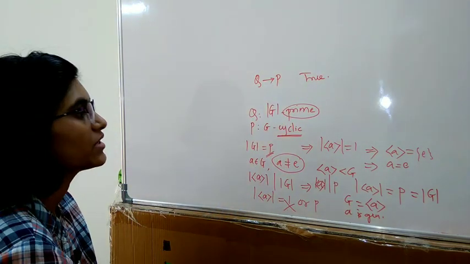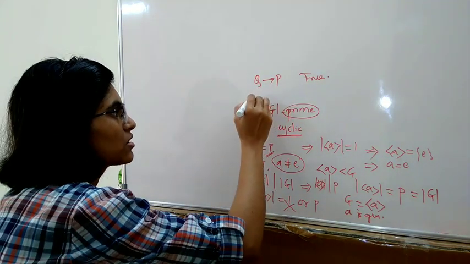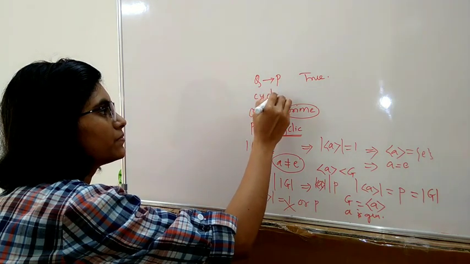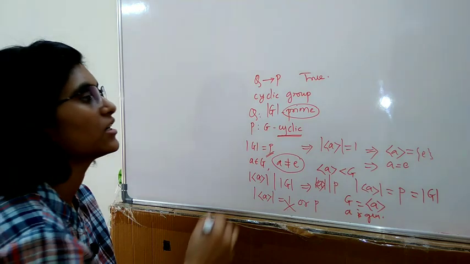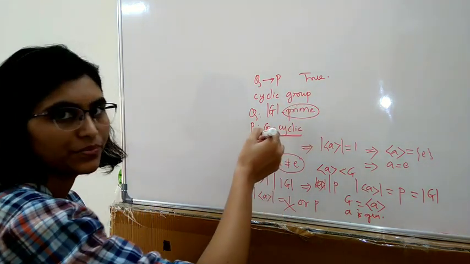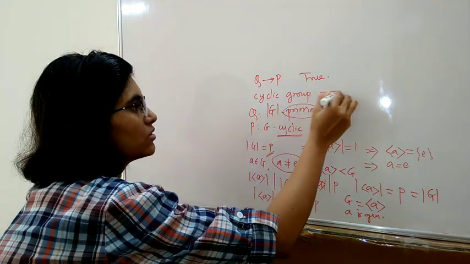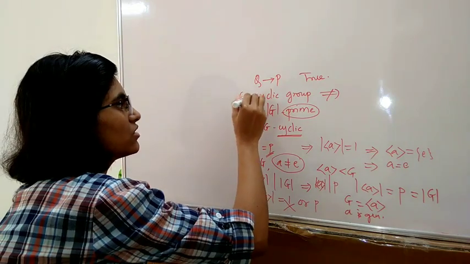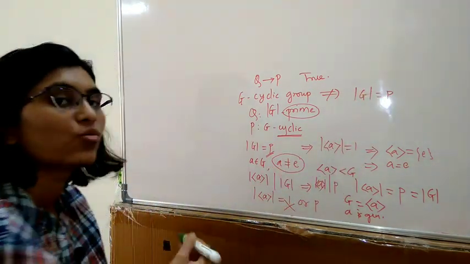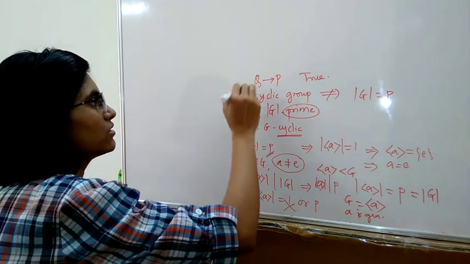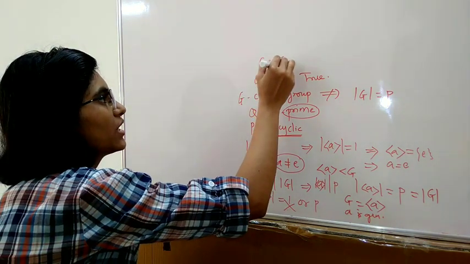Whereas suppose we take some cyclic group, then it need not be of prime order. So G is cyclic does not imply the order of G is prime. Why? Because take G to be Zn.